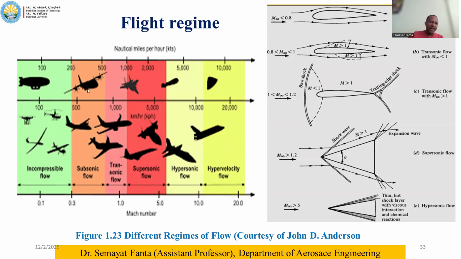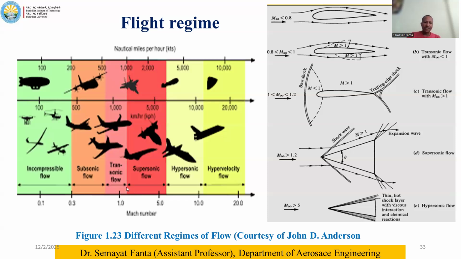On that, you can find military aircraft and commercial aircraft flying. Again, after 0.8 up to 1.2, you can find magenta color here. There are also huge transport aircraft, and some aircraft can fly here. That region is called transonic flow.